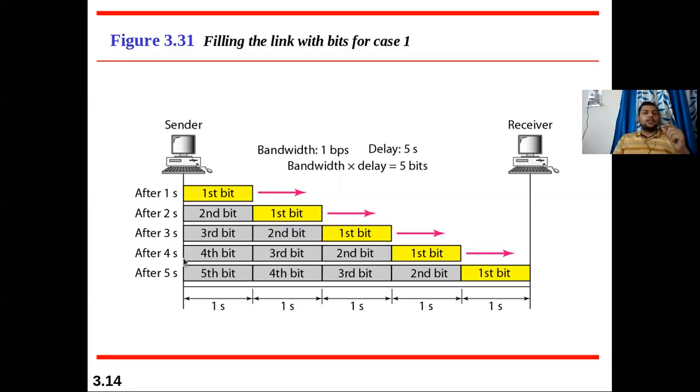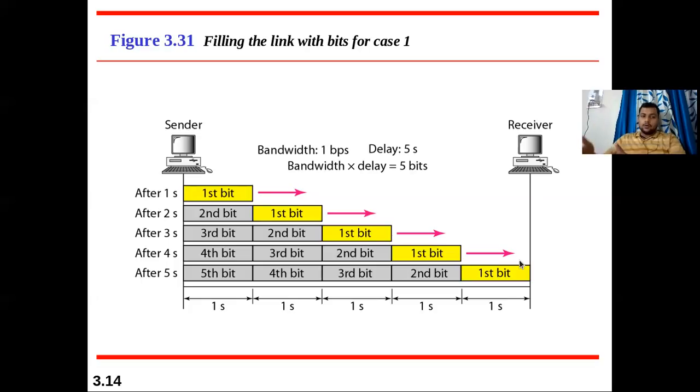After 4 seconds, the sender will once again push the signal corresponding to the fourth bit, and till that time, the first bit is here, the second bit is here, the third bit is here, the fourth bit is here. After the 5th second, the sender once again will push the 5th. Till that time, the first has almost reached the receiver.